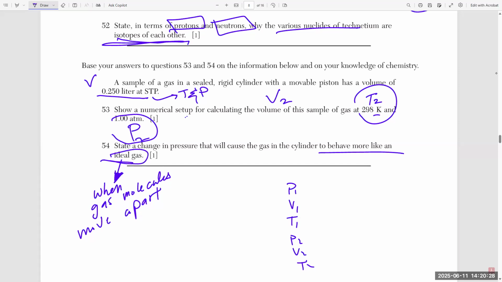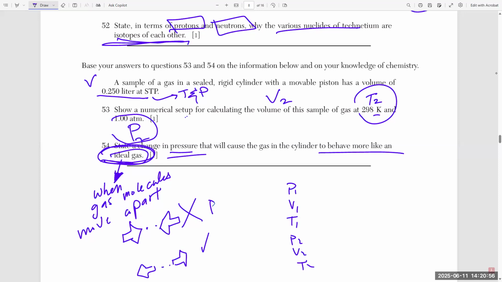All right, so how do you do that in terms of pressure? If you increase pressure, what are you doing? You're squeezing gas molecules together, and that's no good, right? We want the gas molecules to move apart because that's how a real gas acts like an ideal gas. So what we want to do with pressure is separate the gas, so you want to decrease the pressure.